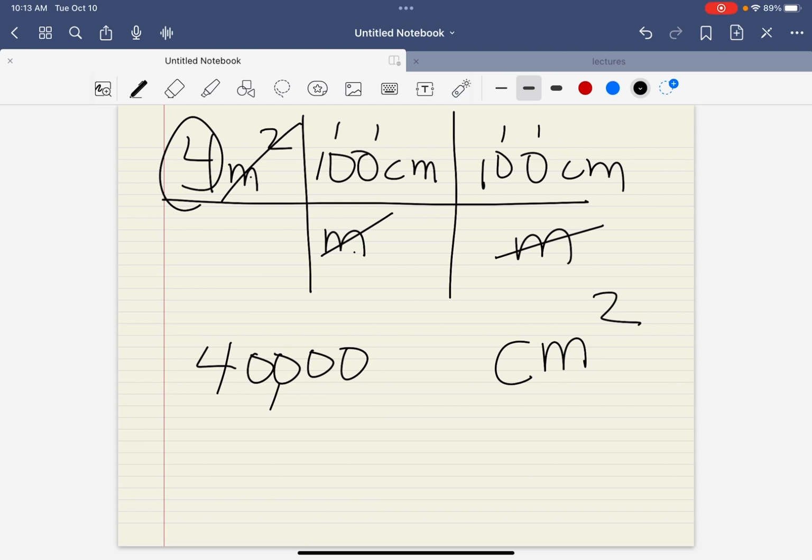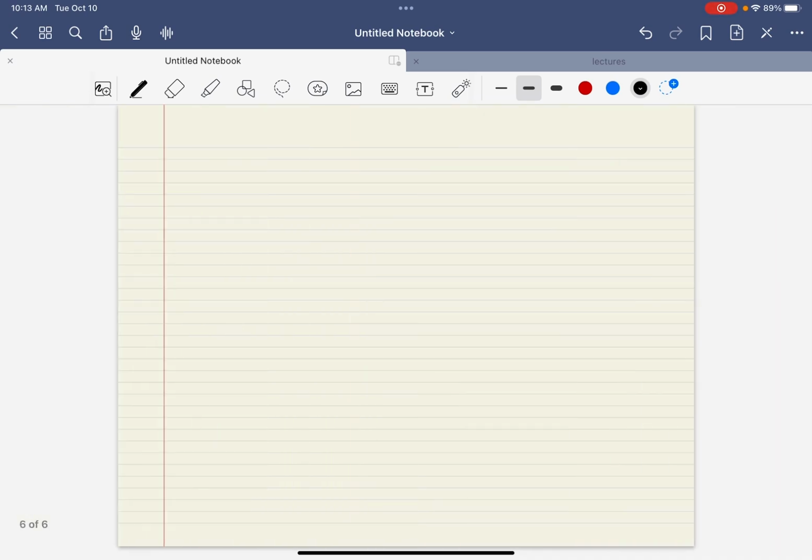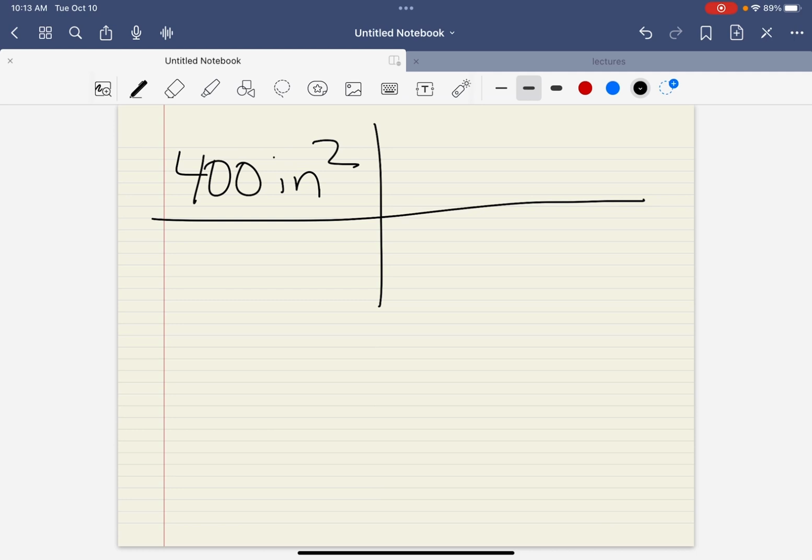Okay, the last one says, use 2 unit multipliers to convert 400 square inches, and we're changing that to square feet. Okay, so there's 12 inches in a foot. Inch does not cancel square inch, so we have to do it again.